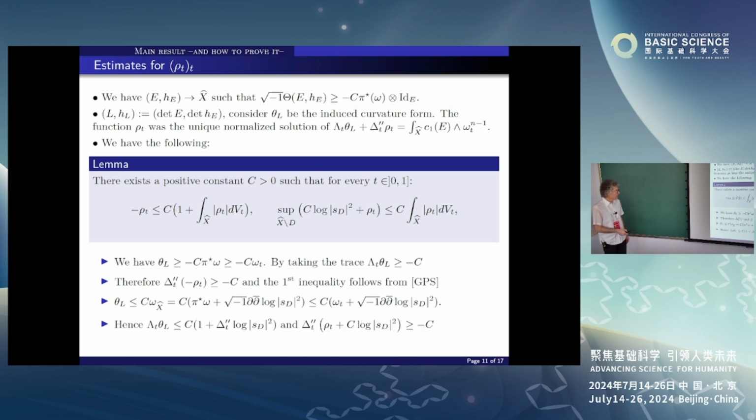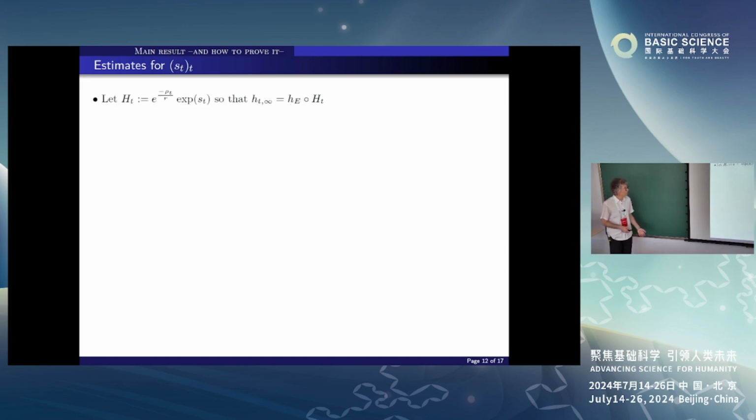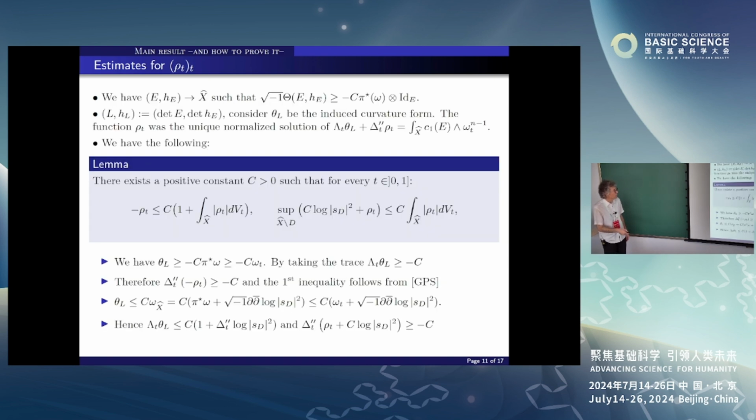So then again, the trace of theta is smaller than 1 plus the Laplace of the logarithm of that. So if you incorporate this inside the Laplace, then what you get here is a uniform lower bound. But of course, this guy is singular. Never mind, the result of GPS still applies in this situation because it's C2 outside the singularities. So we get the result, right? So from this we get this part of the lemma.